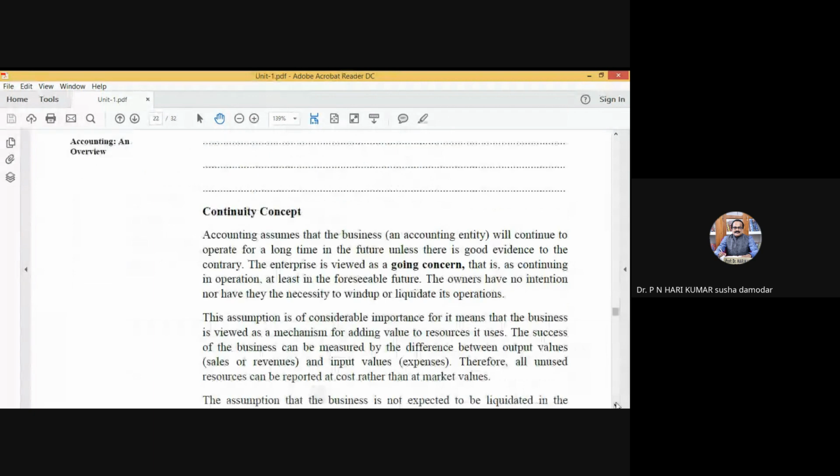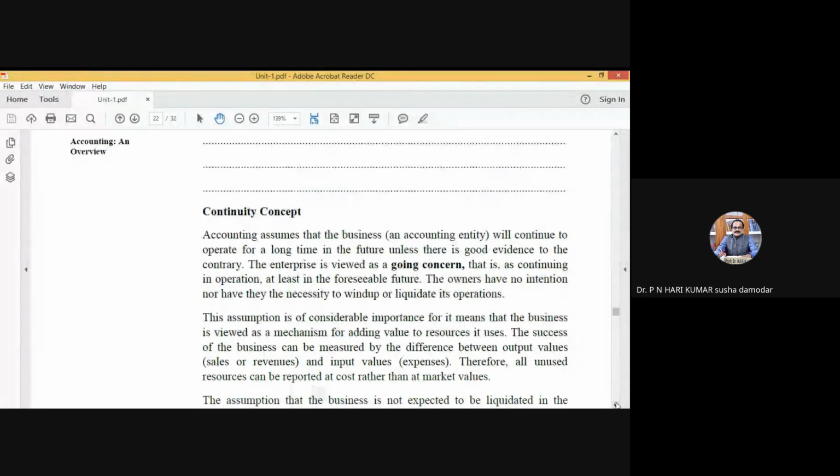Continuity. Once a business organization is established, it is assumed that it can continue for a longer period. The retirement or death of the stakeholders, the managers, the shareholders will not affect the functioning of an organization.